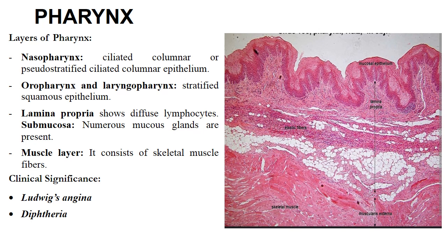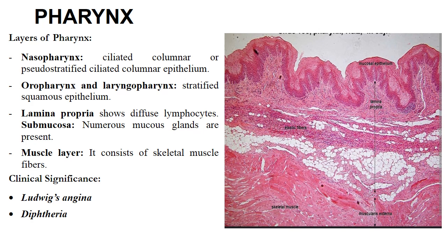So the nasopharynx is lined by pseudostratified ciliated columnar epithelium, whereas the oropharynx and laryngopharynx are lined by stratified squamous epithelium. Then the lamina propria of pharynx shows lymphocytes, and two lymphatic aggregations, that is tubal tonsil and palatine tonsils, are present in the pharynx.